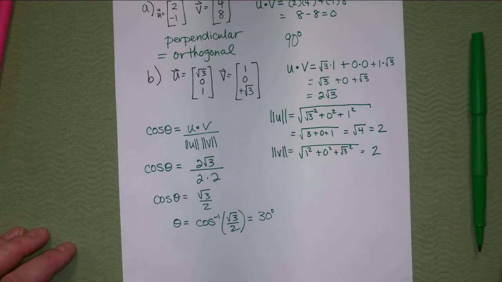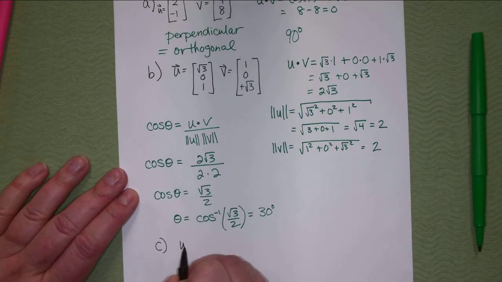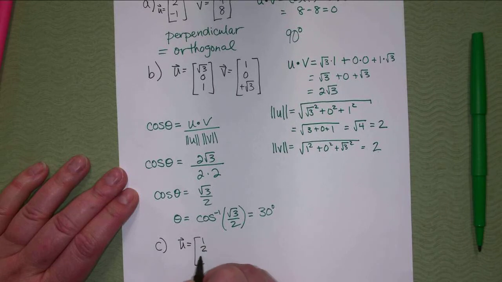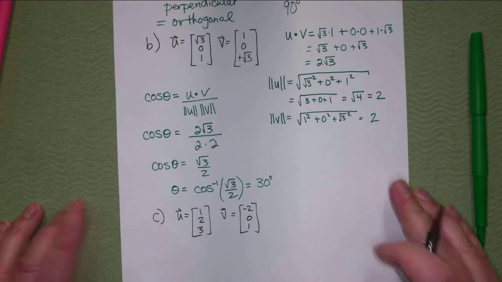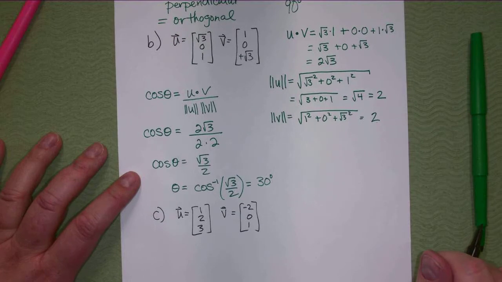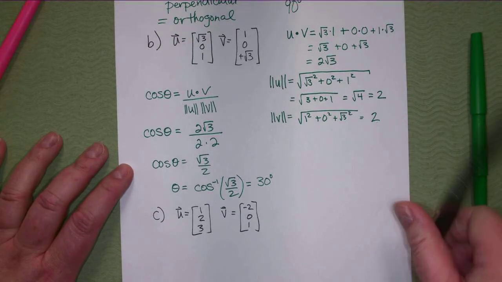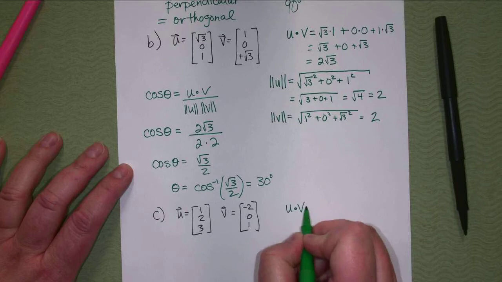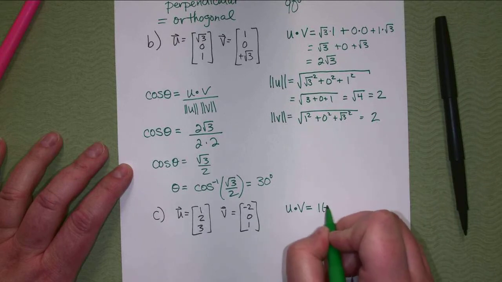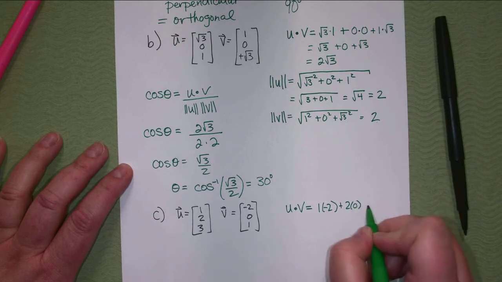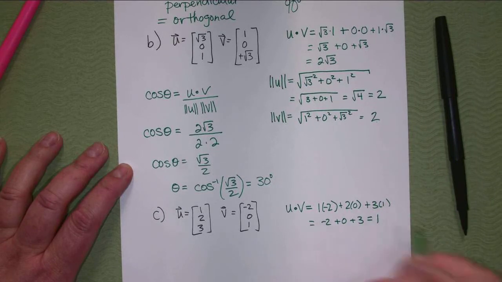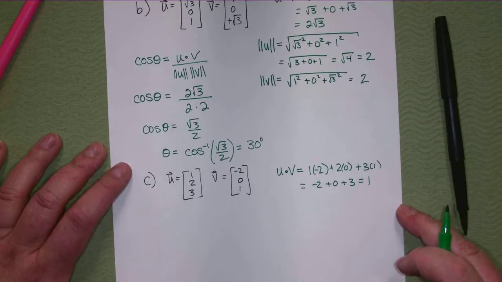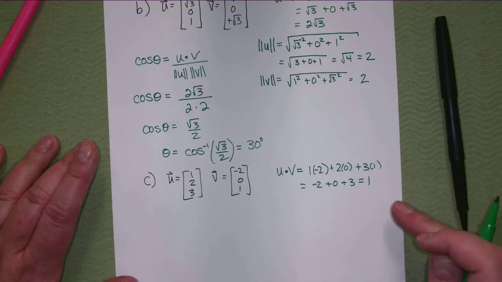Now, they don't always work out so nice. If we had two vectors that didn't work out, something like this won't work out to anything nice. I don't know what the answer is going to be, but if we do the dot product, it's also positive, so you know the angle is going to be acute, smaller than 90 degrees.